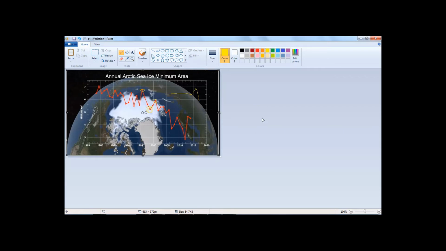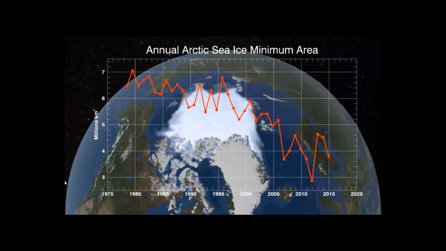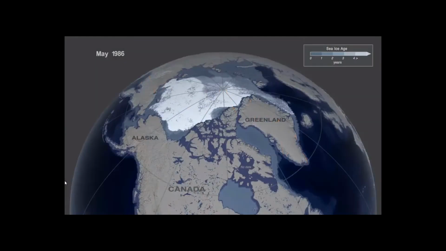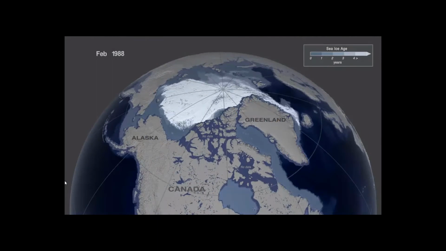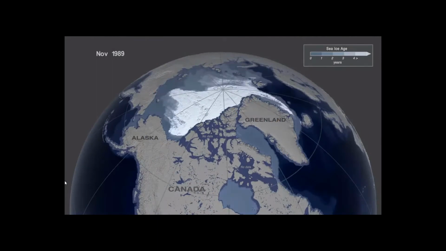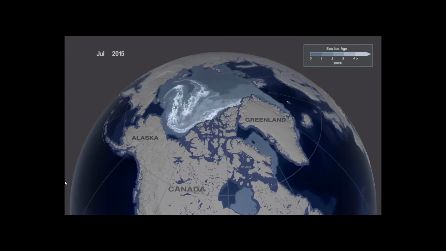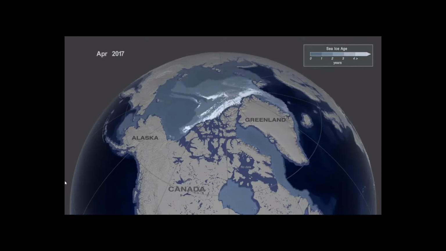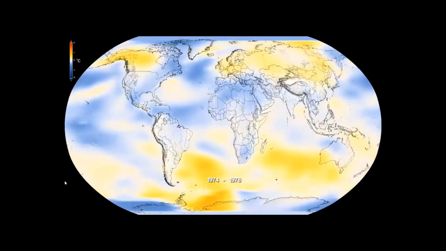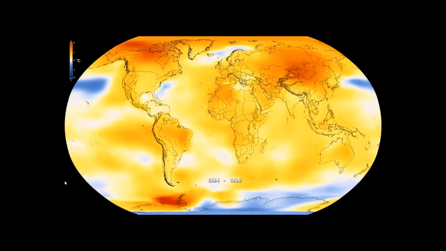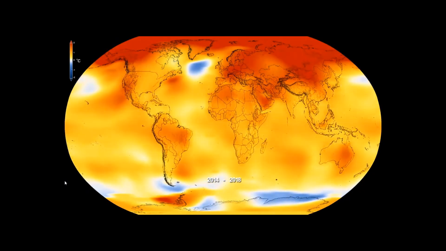Let's go ahead and return to the video. Really just a downward trend. Satellite observations show that Arctic sea ice is not only shrinking in extent, it is also becoming younger and thinner. That means less and less ice survives the annual melt. The Arctic has actually warmed a lot more than the globe as a whole. There's something called Arctic amplification, which means that the temperatures in the Arctic have warmed about 2 to 3 times the global average.